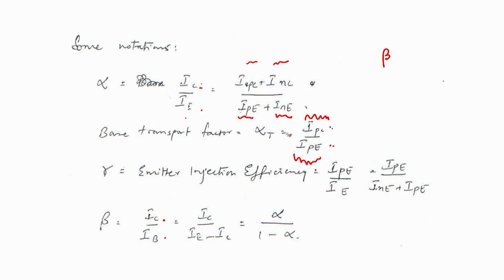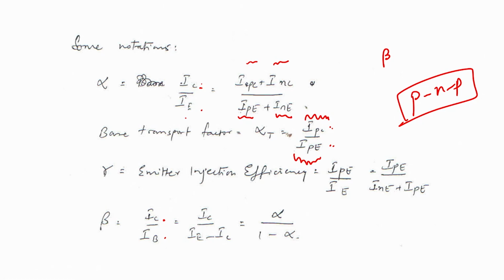In the case of an NPN, we will be interested in the electron population. And here you have gamma, which is the emitter injection efficiency. You know, how efficient is the emitter in injecting holes in the case of a PNP. So, all this is for the PNP junction that we analyzed. So, you want to push a lot of holes and not have too many electrons come in from the base, and all this depends upon the doping of the emitter.